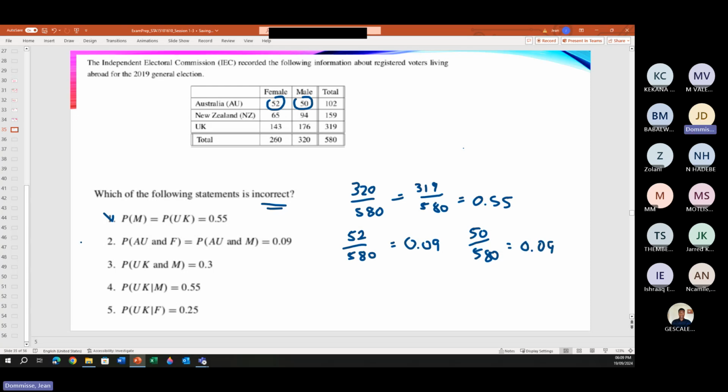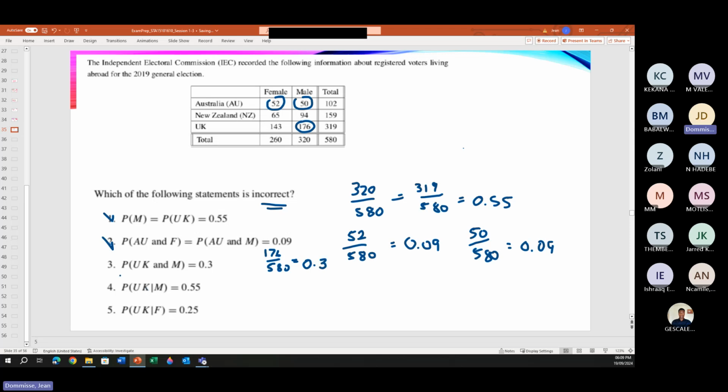Okay, so that is also correct. Okay, then probability UK and male. Probability UK and male, so that is 176 divided by 580, which is equal to 0.3.